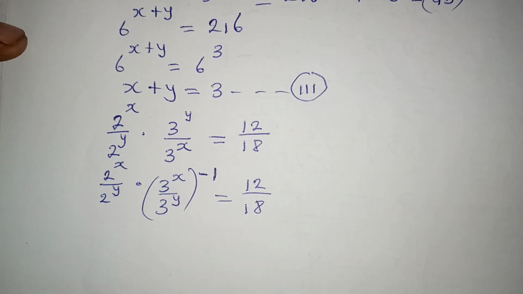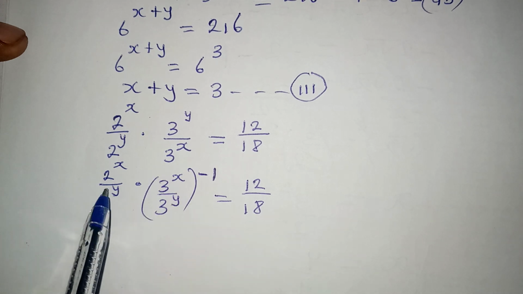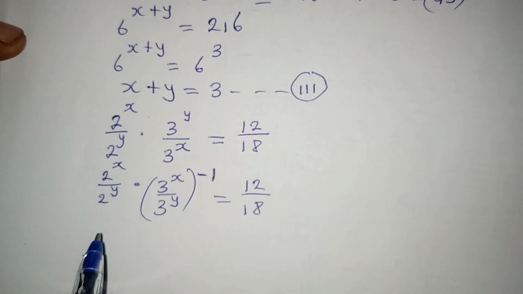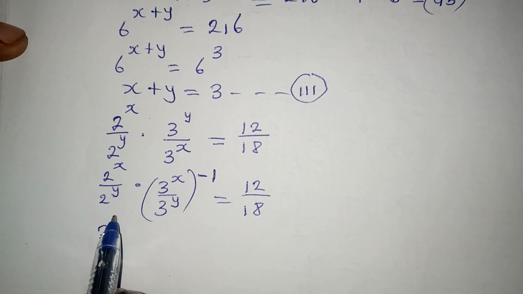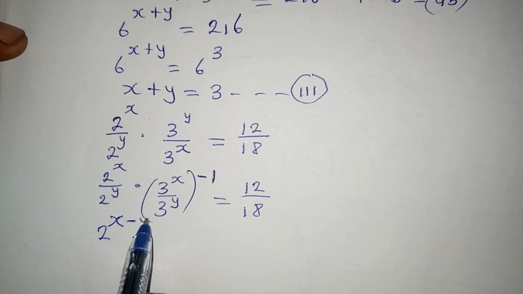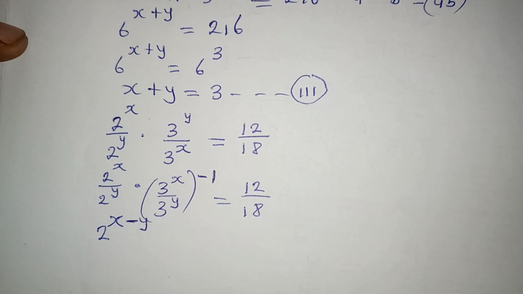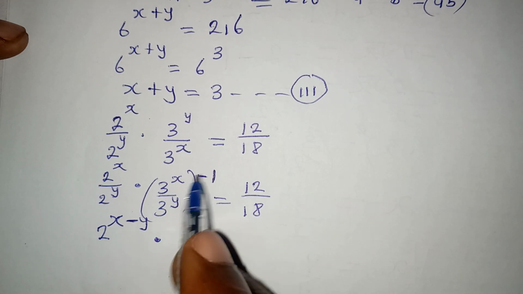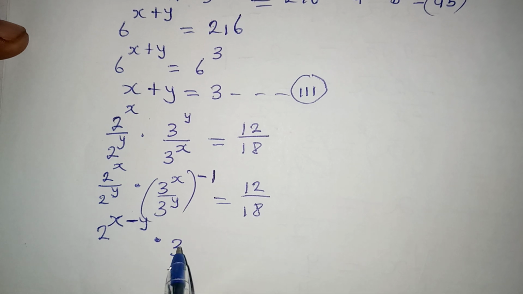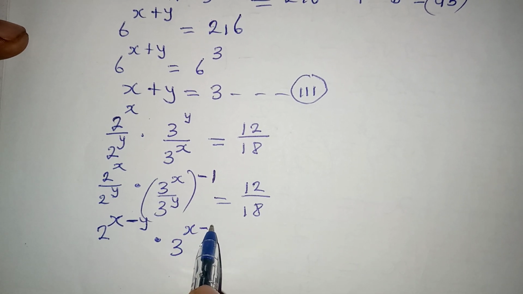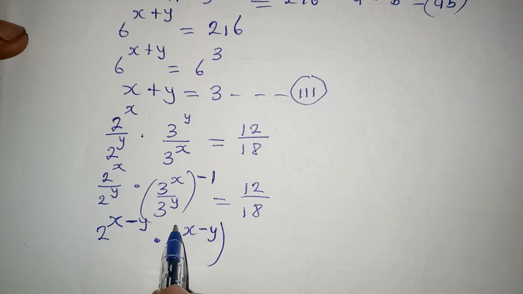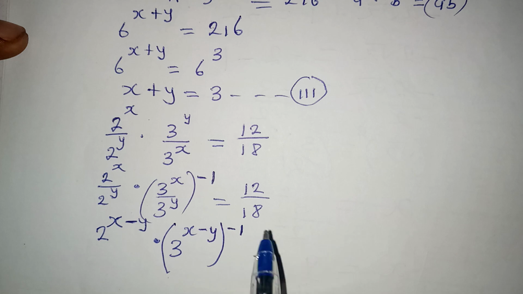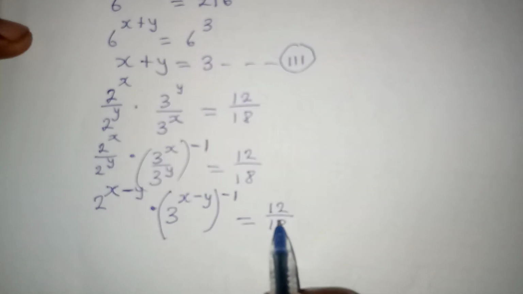Now, what does this mean? Okay, let's take a step further. Now we have 2 to the power x over 2 to the power y. We can pick one of the bases and subtract the powers, x minus y, obeying the law of indices. Then multiply by, in this bracket, 3 to the power of x minus y, but the whole of this is raised to the power of -1, and then this will be equal to 12 over 18.